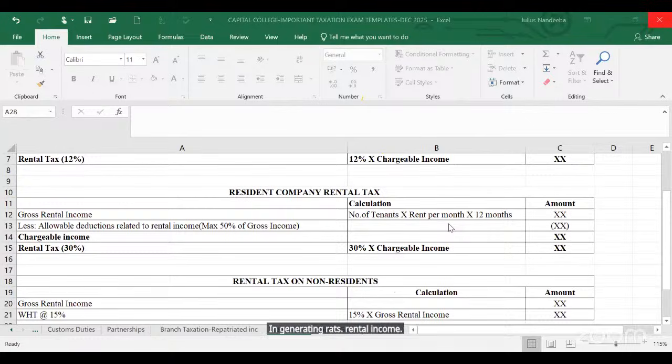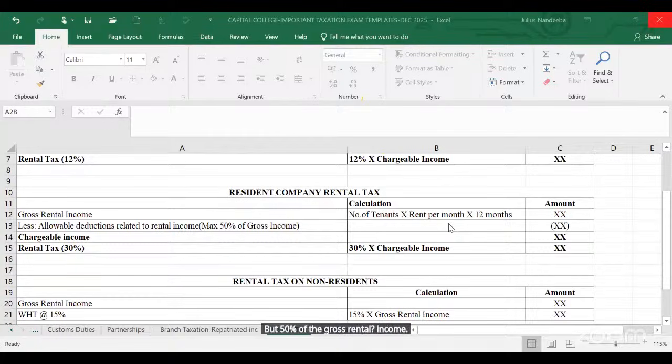But those expenses have a limit. Those expenses have a limit, and that limit is up to 50% of the gross rental income. It is not the 50% of the expenses incurred, but 50% of the gross rental income.